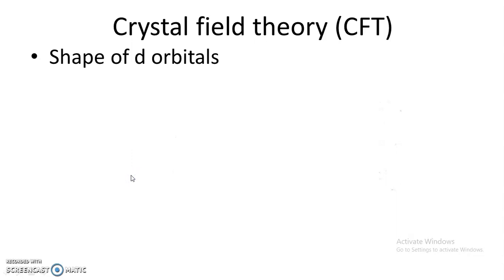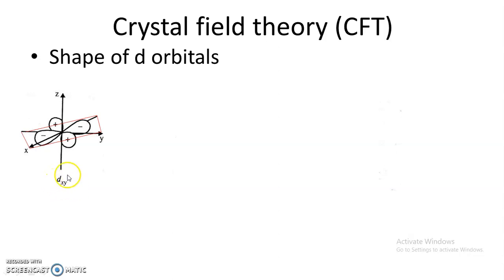Now what is the shape of the dxy orbital? Consider the x and y axis, and this is the xy plane highlighted with red lines. The z axis is perpendicular to the xy plane.